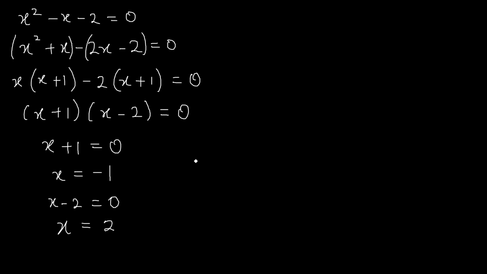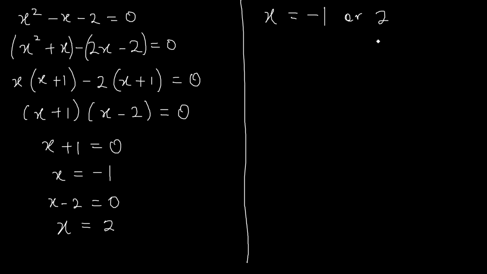So far we've made significant progress. We can come to this conclusion by saying that the values for x are x equals negative 1 or positive 2. So these are the x values for the turning points of the equation.